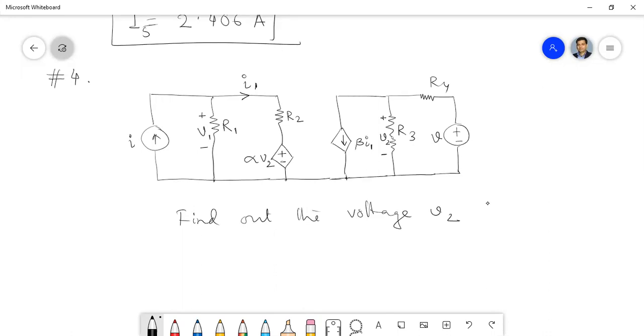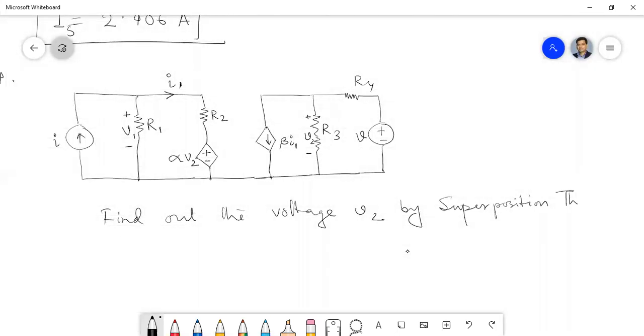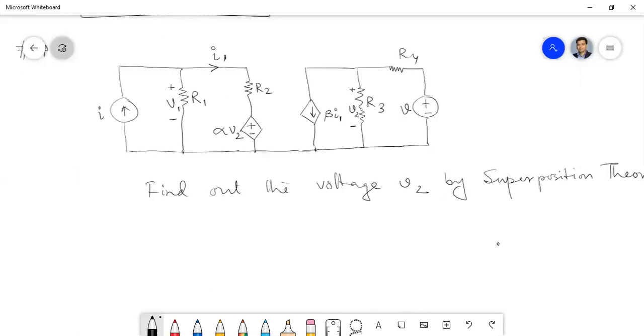You have to solve this by superposition theorem. Okay. So again, we have to take the sources one by one. Let us first consider the current source, then the voltage source should be kept off. So let us draw the circuit, considering this I, once again.